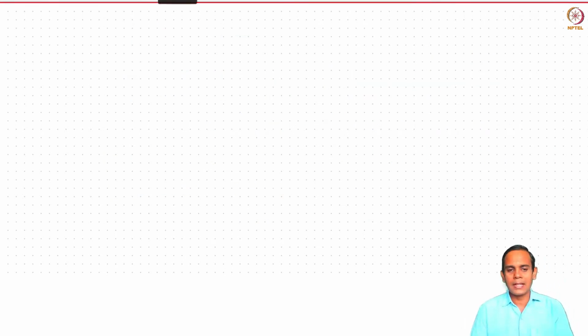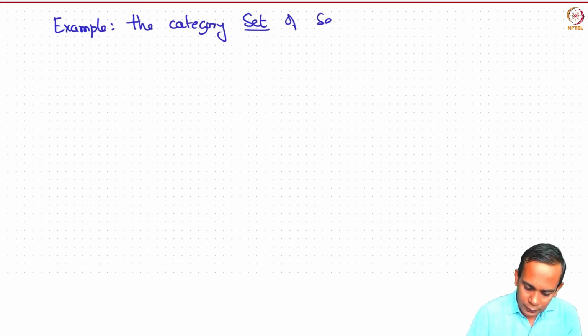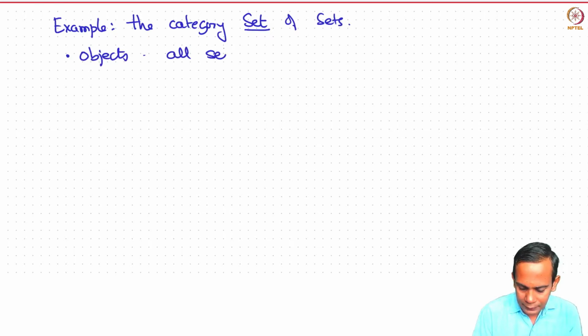The most standard canonical example of a category is the category of sets. I'll just denote it by Set with an underline. It's the category of sets. What are the objects? All sets. And this underlines why I said a collection of objects.